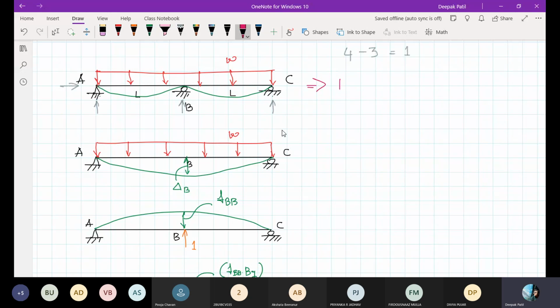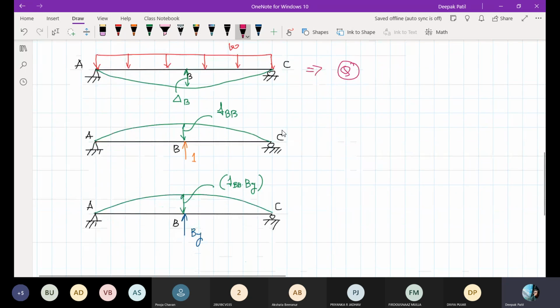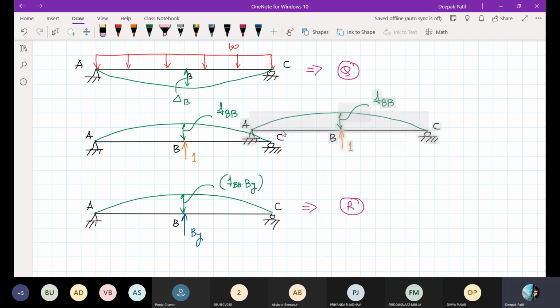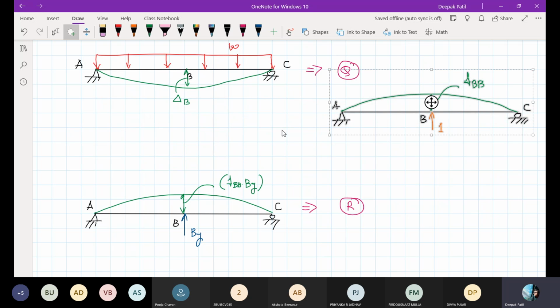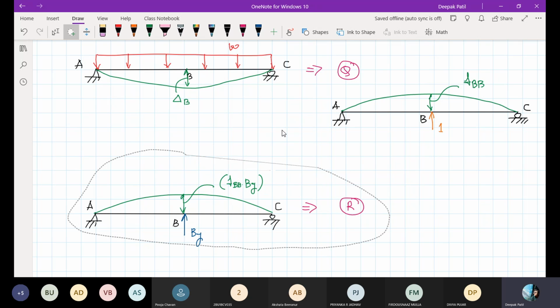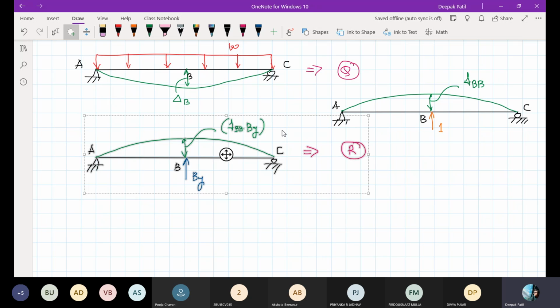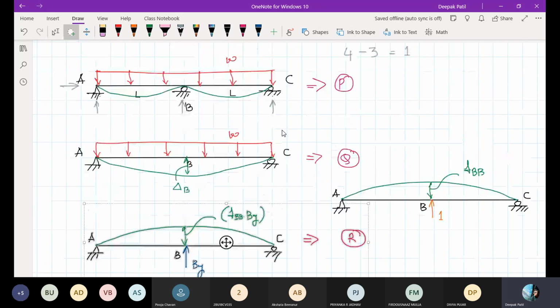I will call this structure P, this structure Q, and this structure R. Let me keep this structure on the other side, and this structure on top of this. Now if you see, it is a little clumsy.